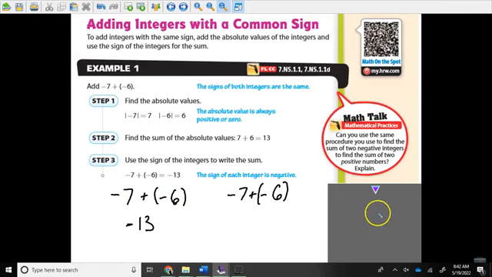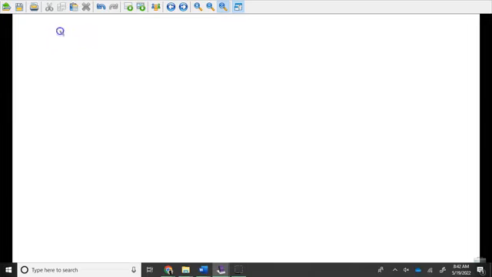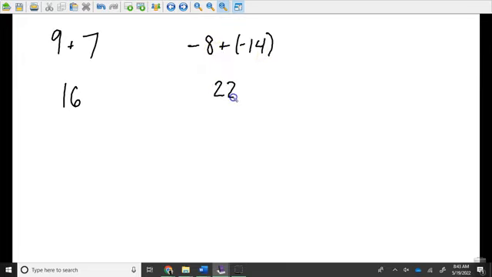That's all it is. That is this whole entire lesson. This whole entire lesson is just adding numbers together and then knowing whether it's negative or positive. So 9 plus 7, they're both positive, so we're adding integers with a common sign. 9 plus 7, 16. -8 plus -14. 8 plus 14 is 22.